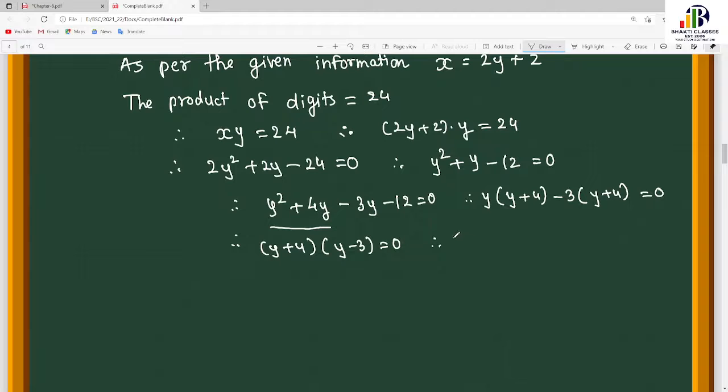So y plus 4 is equal to 0 or y minus 3 is equal to 0. That is y is equal to minus 4 or y is equal to 3.